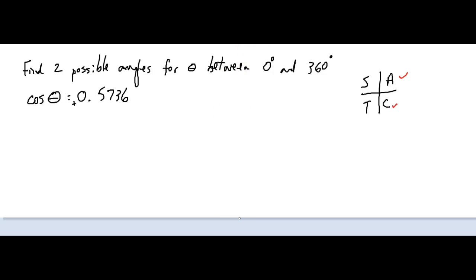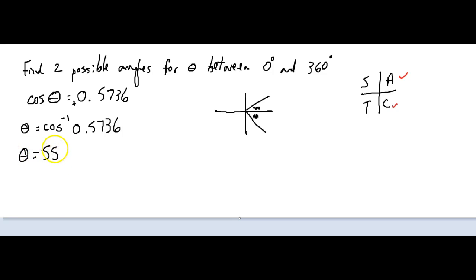So let's sketch that drawing. Let's go like this. I'm going to have an angle here, and I will have an angle here. And these will be the same size. So it's a reflection. Now we need to find one of them. So that is done by solving this equation. Theta equals cos inverse 0.5736. Get your calculator. Find out what that angle is. Round it to a whole number for the sake of practice. And you'll find that theta equals 55 degrees.